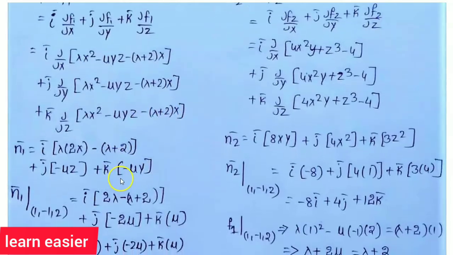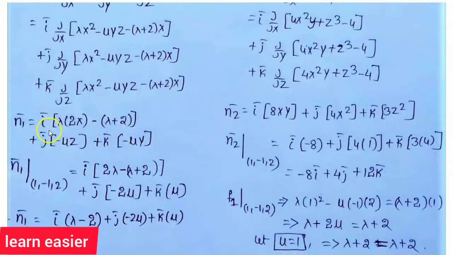So finally we have n1 bar equal to i bar into lambda into 2x minus lambda plus 2, plus j bar into minus mu z, plus k bar into minus mu y. Now we have to substitute the point 1, minus 1, 2 in this equation. After substituting x as 1, we get 2 lambda, and here minus lambda plus 2, and substituting z as 2, minus 2 mu, and minus 1 in the place of y, so minus 1 into minus mu is plus mu.